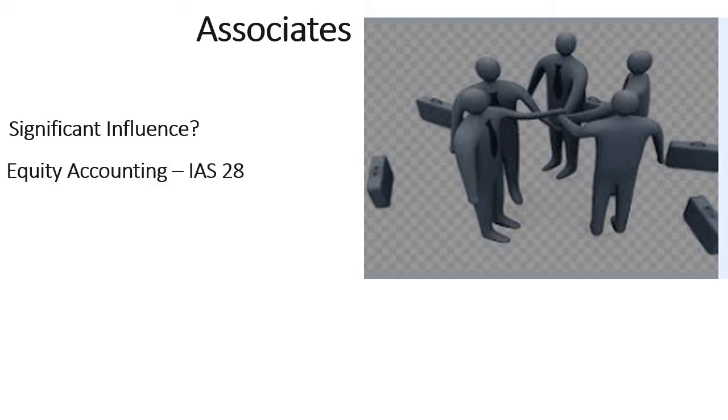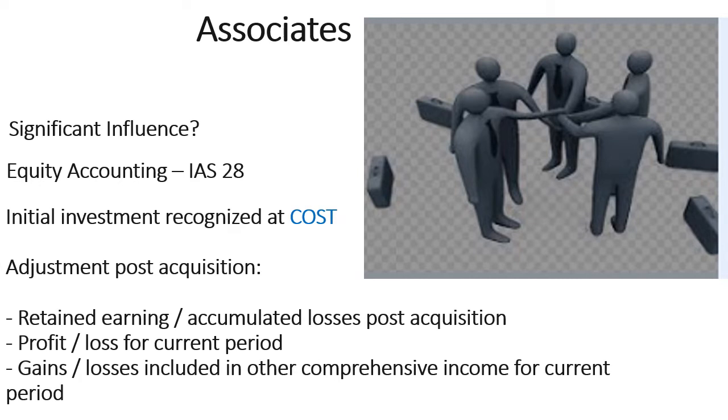Investments in associates are governed by equity accounting. This is IAS 28. IAS 28 stipulates that the initial investment should be recognized at cost. So at acquisition date, you recognize the investment at cost. Thereafter, post-acquisition, you'll make adjustments for three main things.